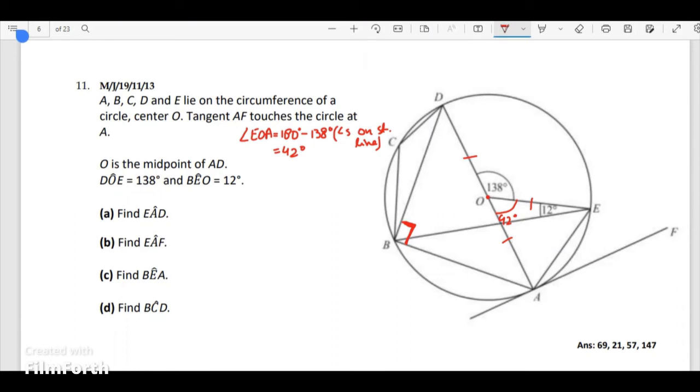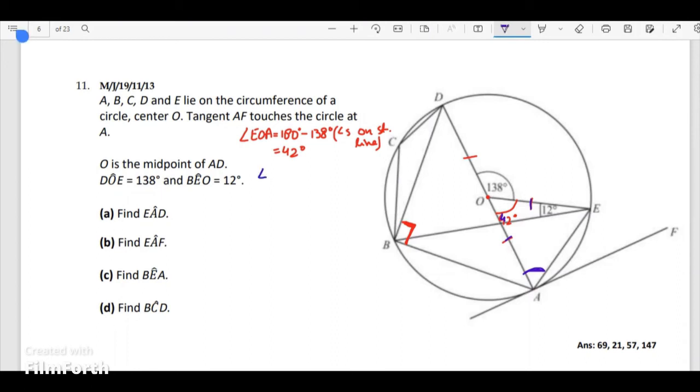coming to the parts, I have to find EAD. E, A, and D, that's in the color, this angle. Now I know this is an isosceles triangle. These two are already marked. These are the radii. This 42 degrees angle I just figured out. So pretty easy it is now.